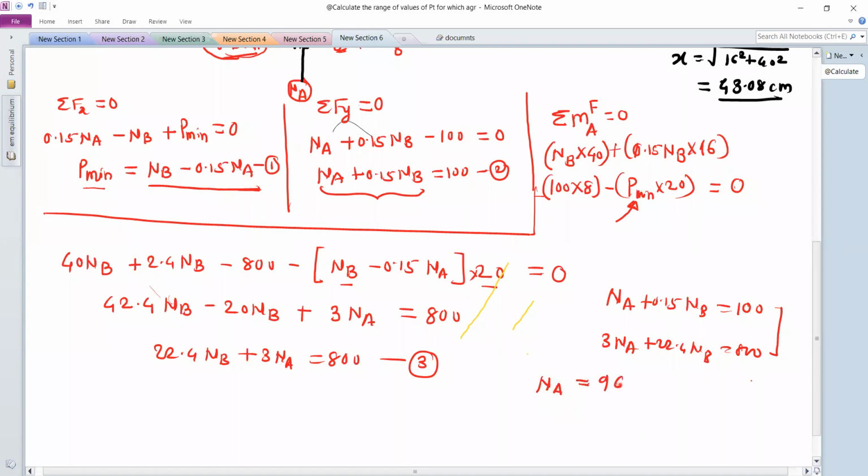So Na is equal to 96.58 Newton. Nb is equal to 22.78 Newton. Okay. Now put these values in this equation so that you will get the value of P minimum.